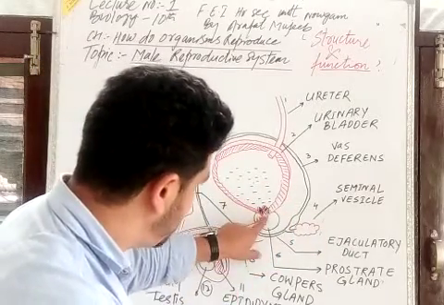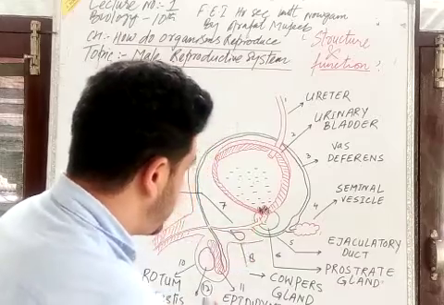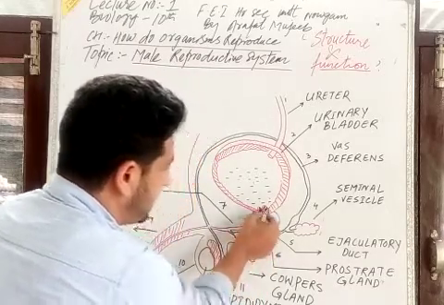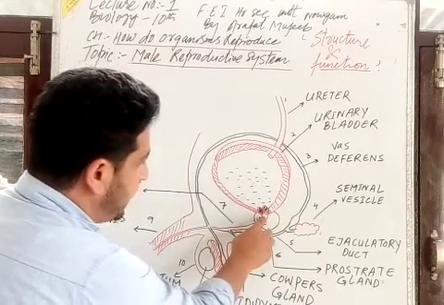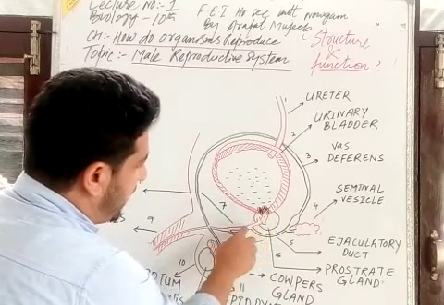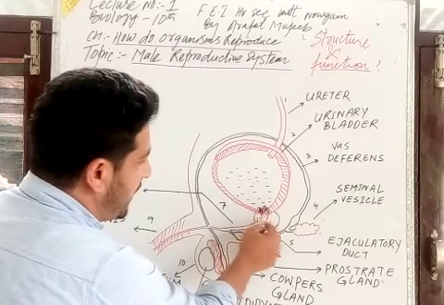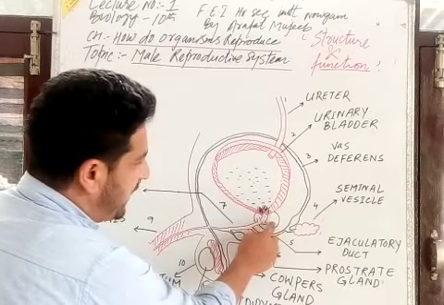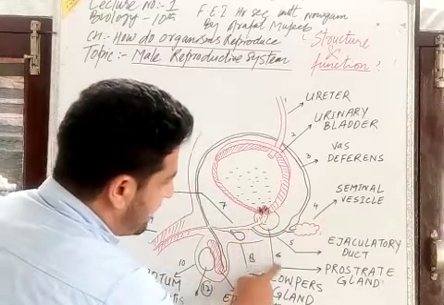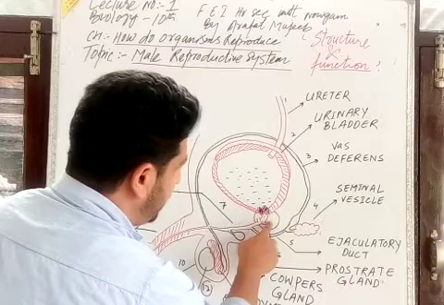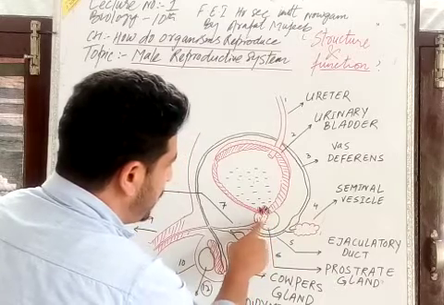Here I showed the urethra in red color. The red color duct that comes out from here is the urethra duct. In the first portion of the urethra, there is an associated duct which is known as number 6, the prostate gland. The prostate gland connects to the urethra.